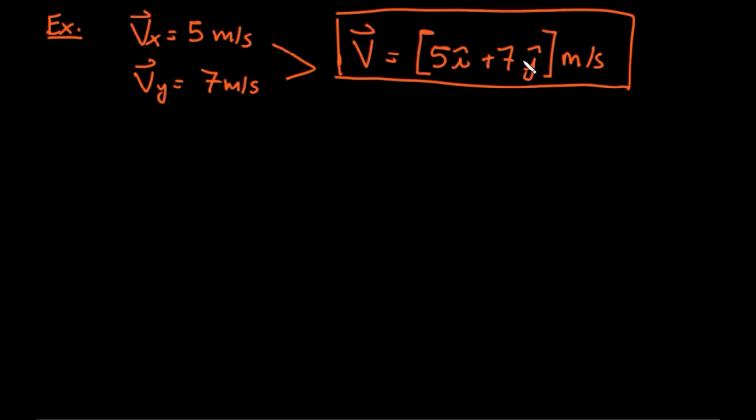So let's take a moment and try it out yourself. Let's say you have Fx is equal to -10 newtons, and Fy is equal to 18 newtons. I want you to pause the video, take a moment, and try writing this out in unit vector notation.